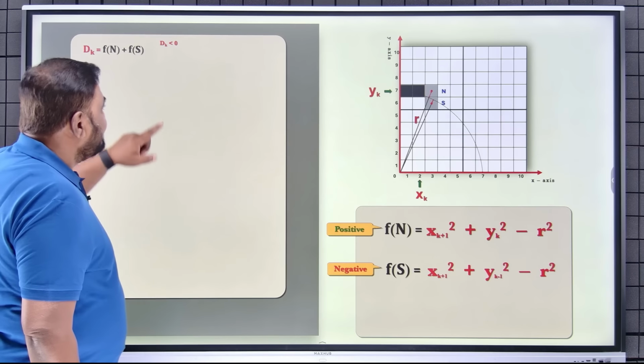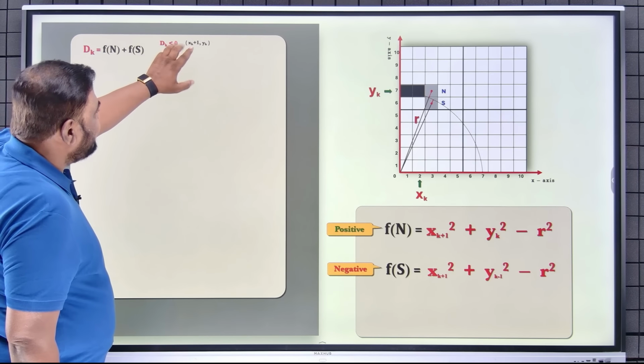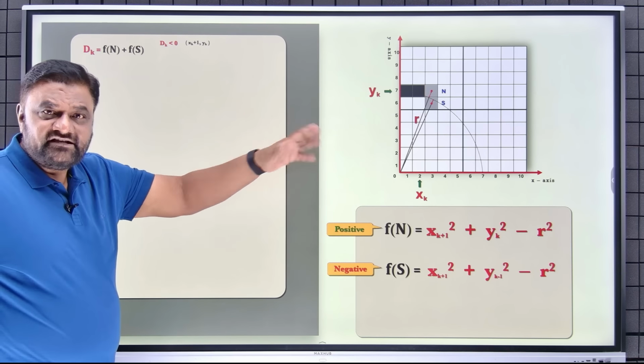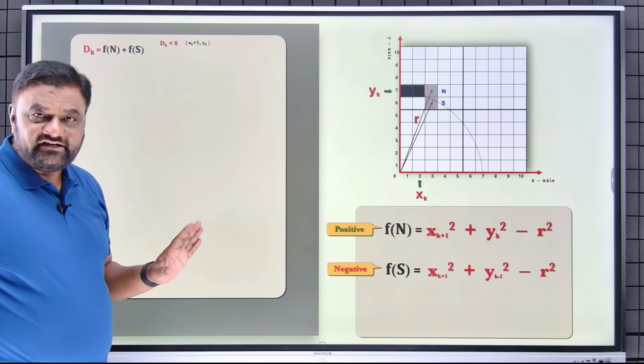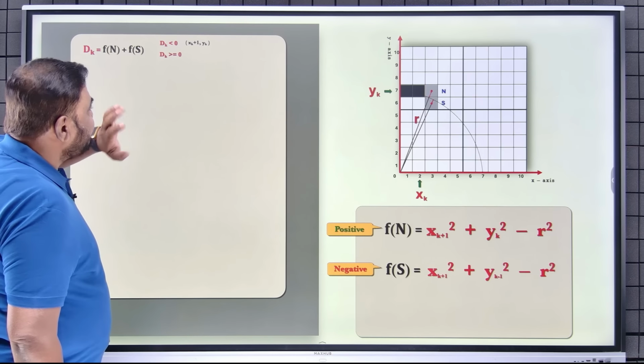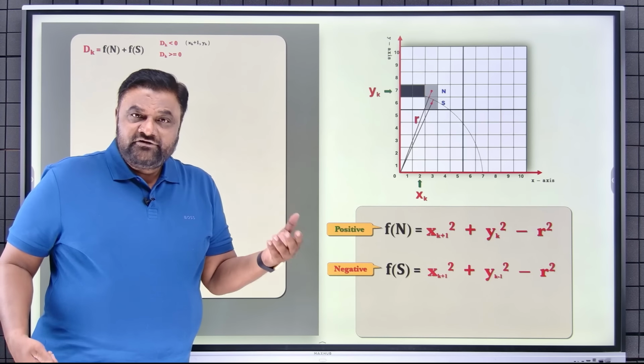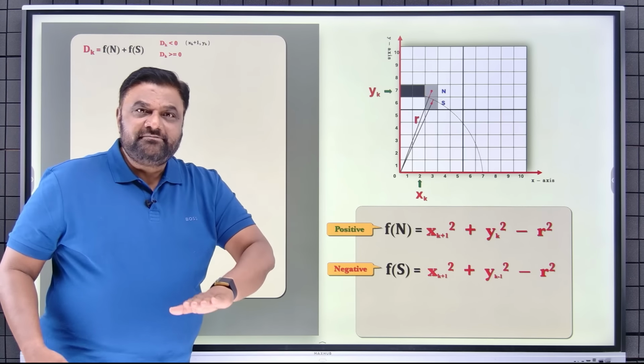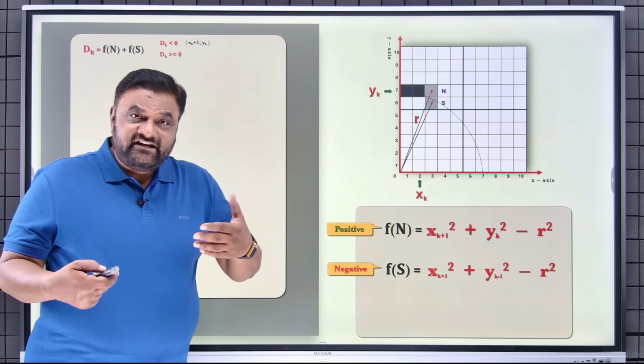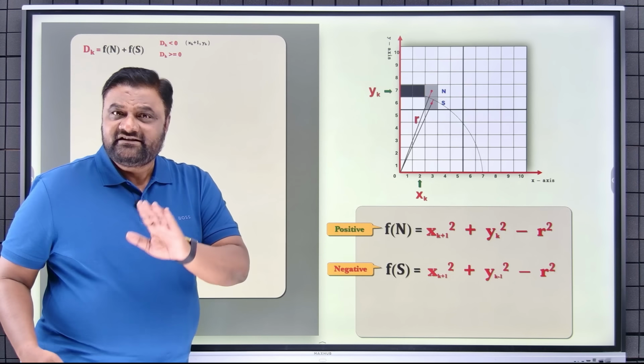For that we will say xk plus 1, meaning we'll increment x, but y remains the same, yk. If dk is greater than or equal to 0, then we will decrement y. So if it is greater, the southern pixel is closer.